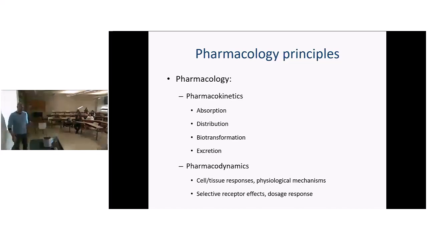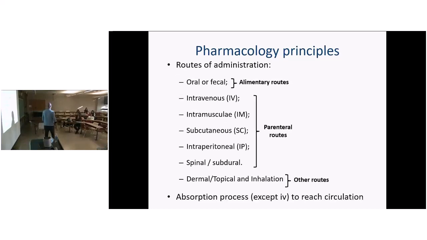So absorption and distribution. Let's start with this very clinical thing: how do you basically give a drug to an animal or to someone? Let's think about the very first thing that comes to your mind when you have to give a drug to treat a certain condition.